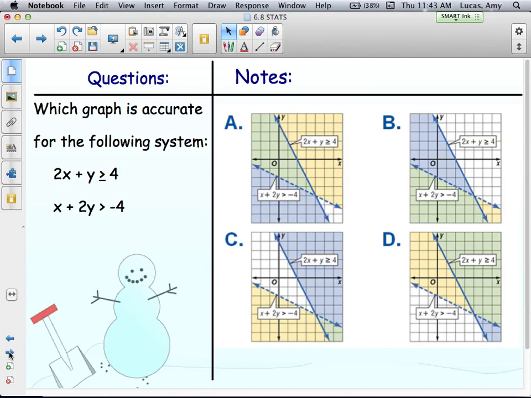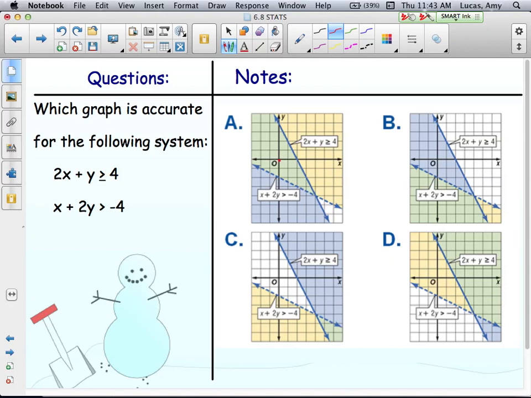Okay? So you've got a couple of options to figure out which one is correct. And what I am going to do is use the idea of a test point, and I am just going to take a point in the region that they have shaded twice and test it to see if it's true for each of these inequalities.